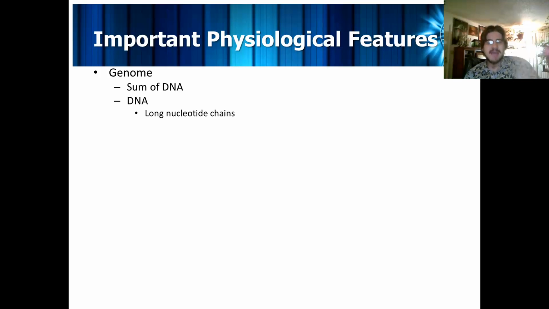Remember your adenine, your guanine, your cytosine, your thymine. Those are all nitrogenous bases, and a single nucleotide has a single nitrogenous base. DNA is long chains of A, G, C's, and T's, of nucleotides. And DNA carries genes. Genes, as we'll talk about more in chapter 10, code for proteins.